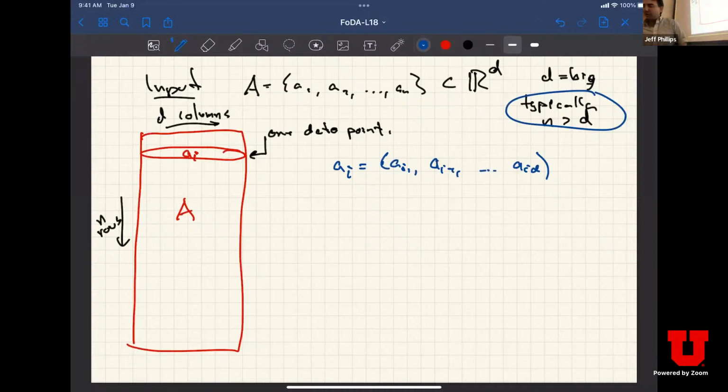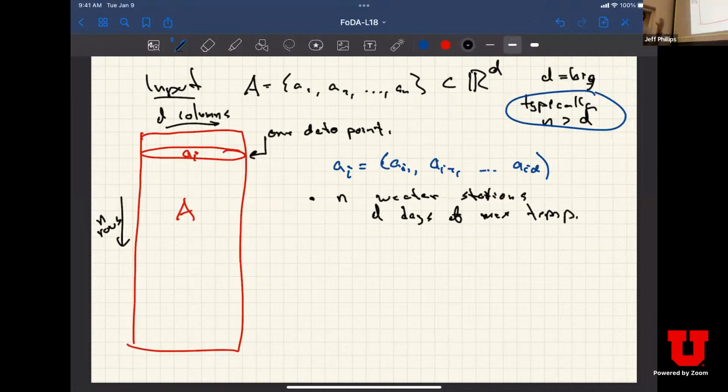An example would be, I have n weather stations, so I have n data points, and each weather station has d days, with the maximum temperature on each day.